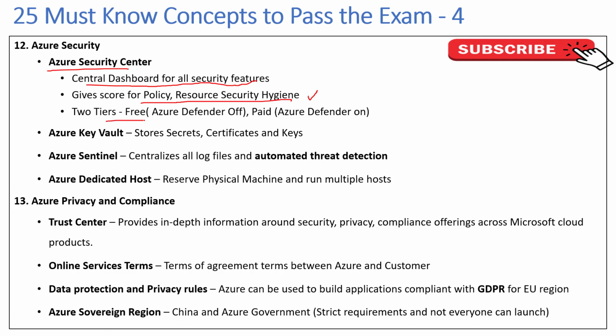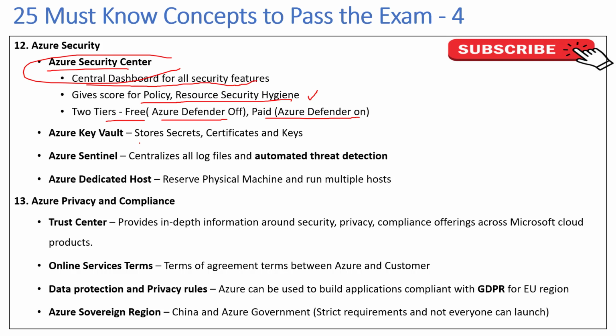It comes in two tiers, the free one, which has Azure Defender off, and the paid one, which has Azure Defender on. In an exam, it's going to ask you which Azure security service you would use for a central dashboard that gives you scores and a view on your security hygiene. That's going to be Azure Security Center.